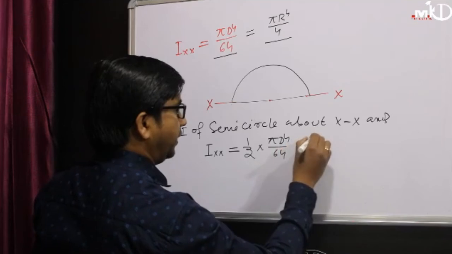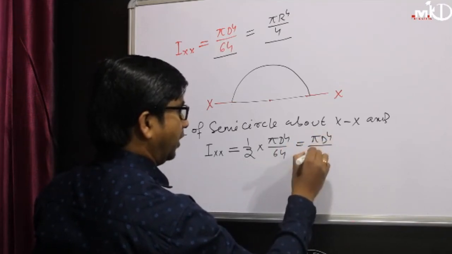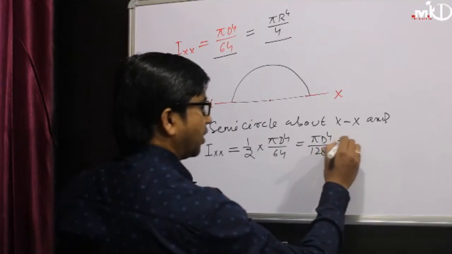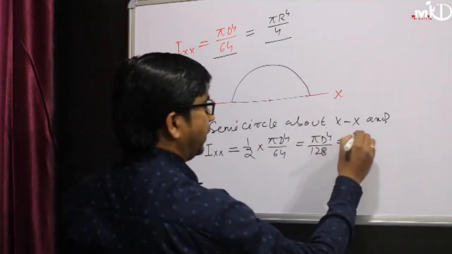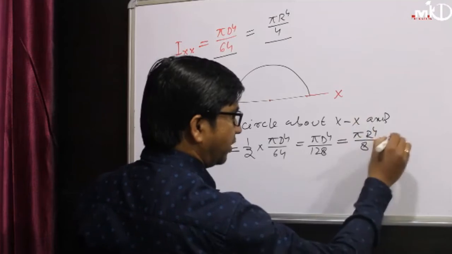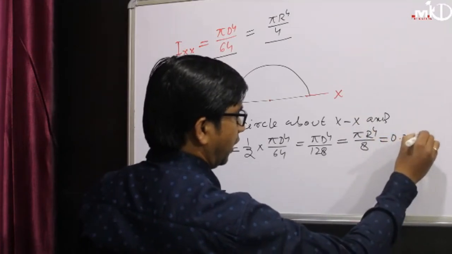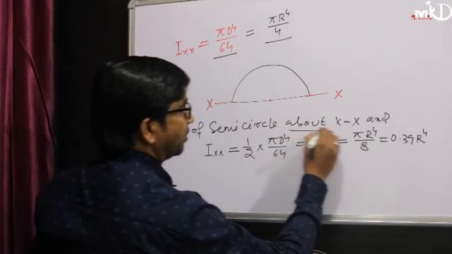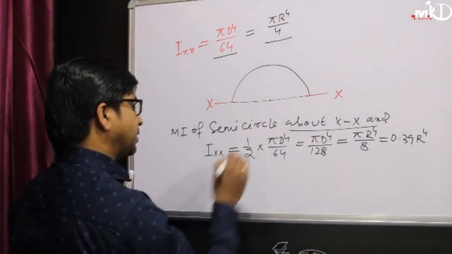So this is pi d fourth divided by 128. This is in terms of diameter; if you express it in terms of radius, then it will be pi r fourth by 8. Remember, the pi by 8 value is 0.39 r fourth. Just remember. And this is about the x axis, meaning about the base, simply half.